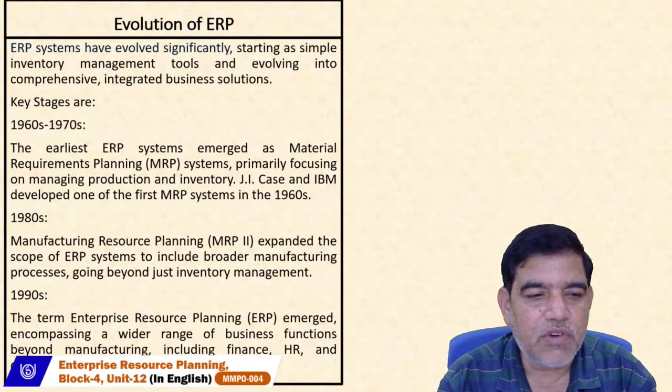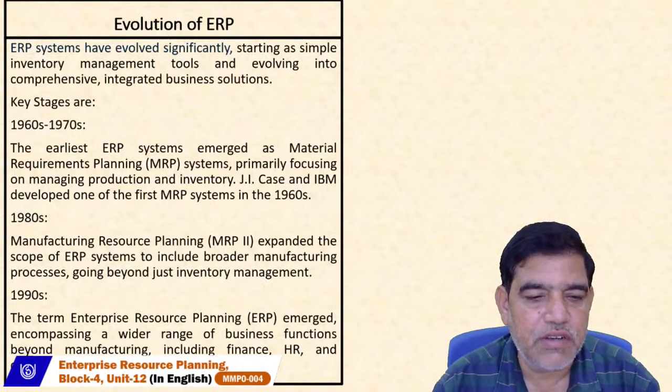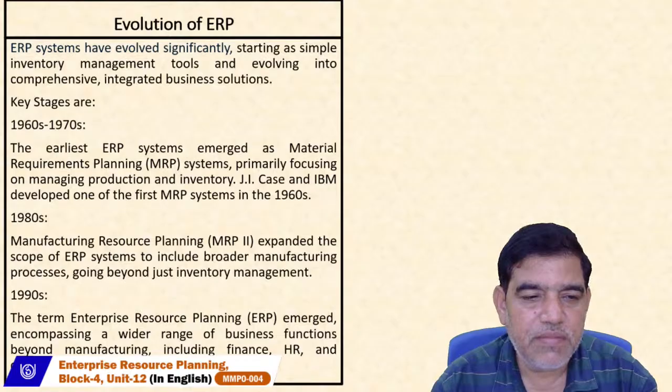It expanded the scope of ERP system to include broader manufacturing processes, going beyond just inventory management. Means in a manufacturing organization, a number of departments are there, and these departments collaborated with the earlier MRP1, and it is named as MRP2.